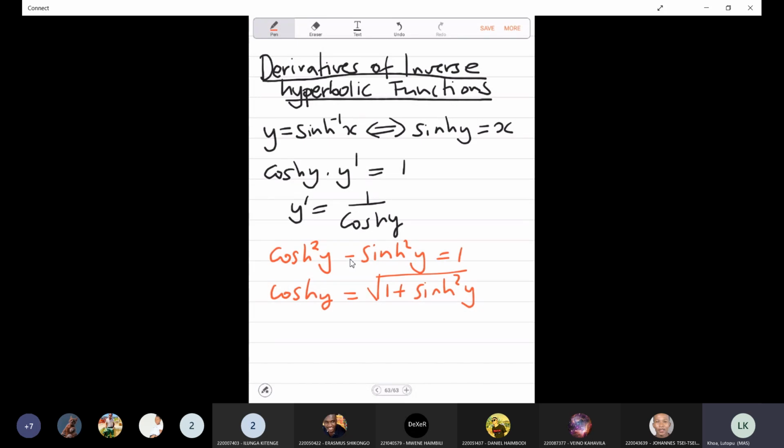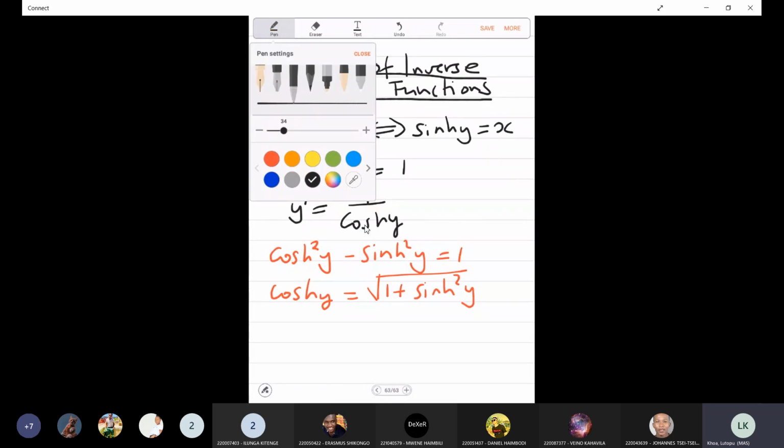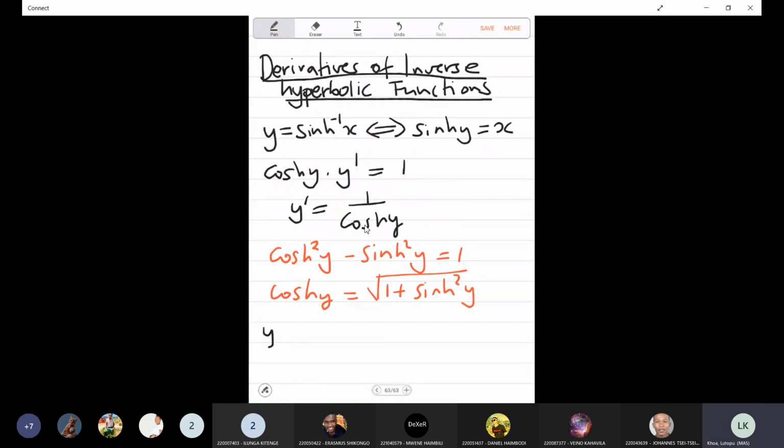So you make cos hyperbolic the subject of the formula, and then we can substitute this with that over there. So doing that, we have y prime is 1 over the square root of 1 plus hyperbolic sine squared of y.